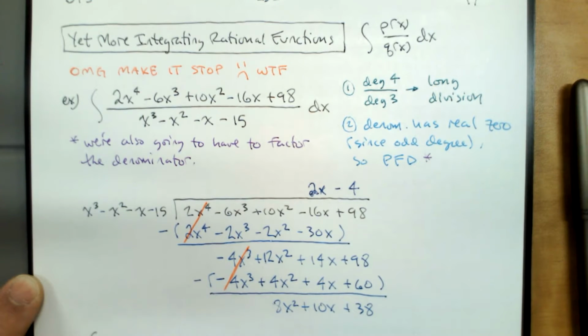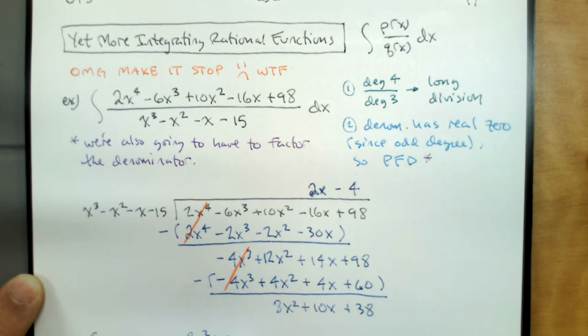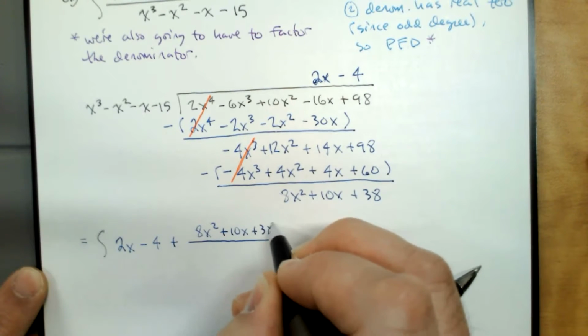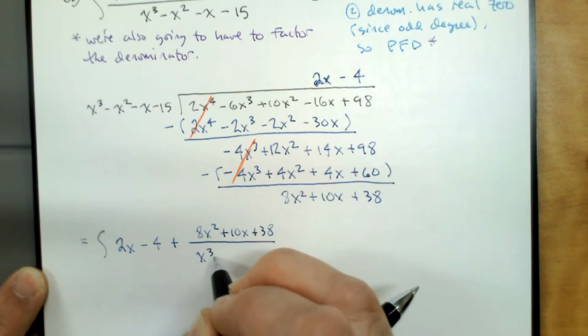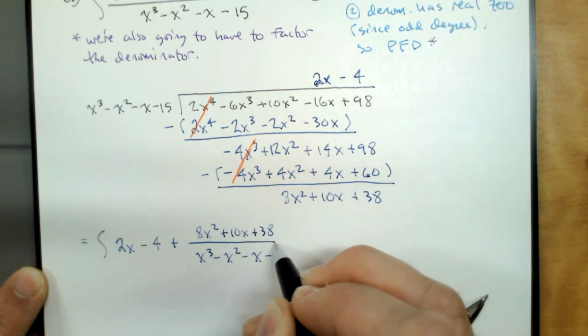So our integral is the integral of 2x minus 4 plus 8x squared plus 10x plus 38 over x cubed minus x squared minus x minus 15.